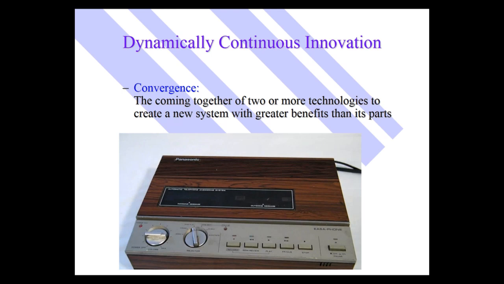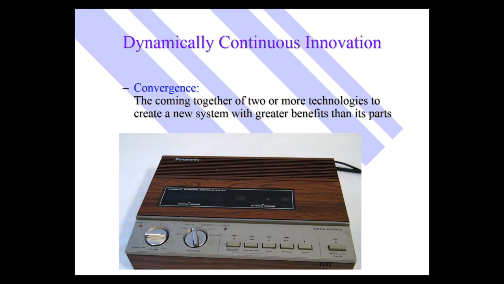You would buy an answering machine, you would plug your phone into it, and then you'd program it so after a certain number of rings, it would turn on and it would take a message down from whoever was calling. Well, nowadays, no one needs an answering machine because you just have voicemail coupled with your phone service, the convergence of the phone and the voicemail.